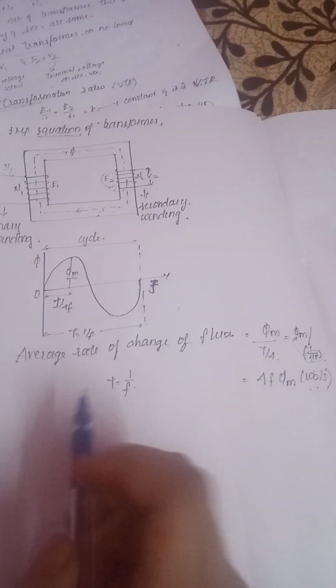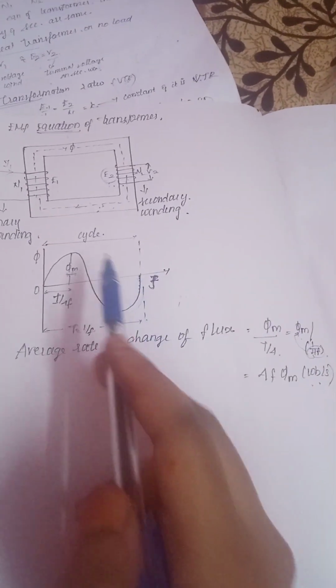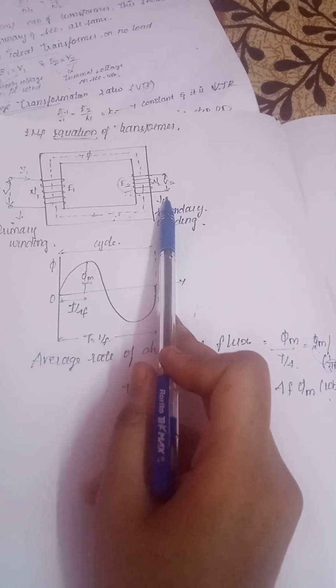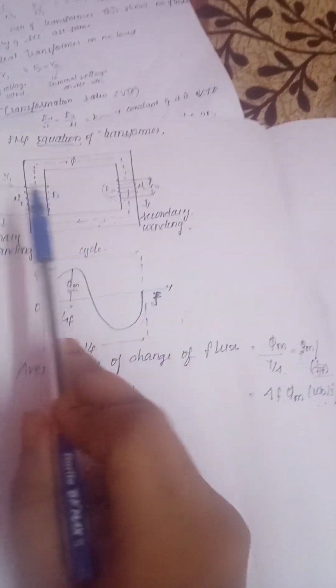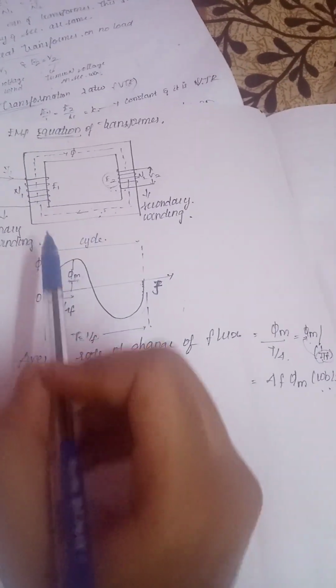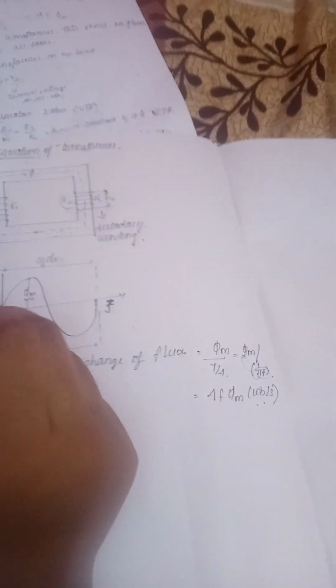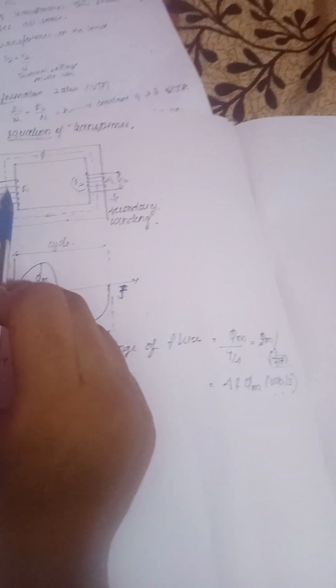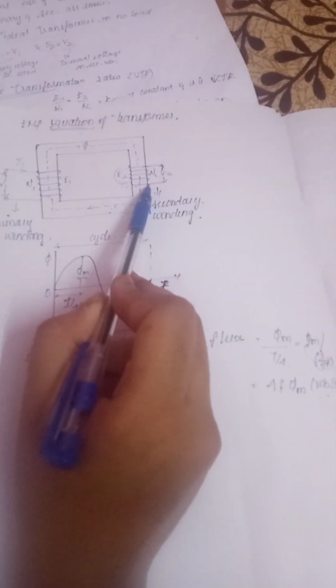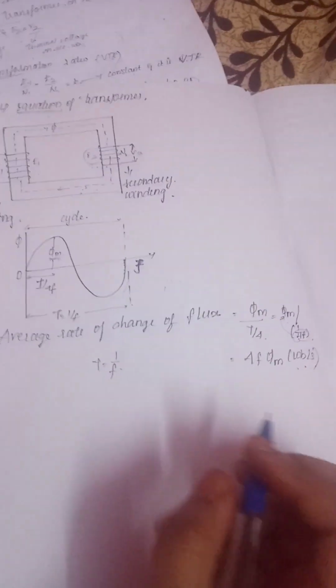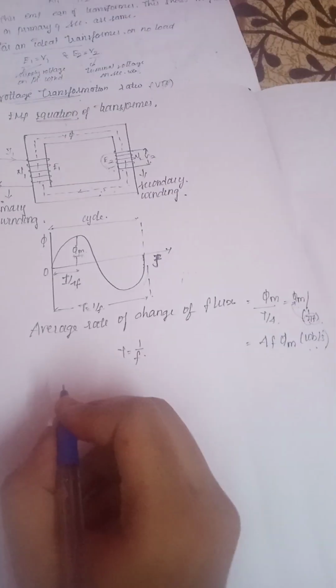In order to find the EMF induced in both primary and secondary, we have to find how much EMF is induced per turn. Then only can we find how much EMF gets induced in both the primary and secondary coil. For this, let me give the notations.